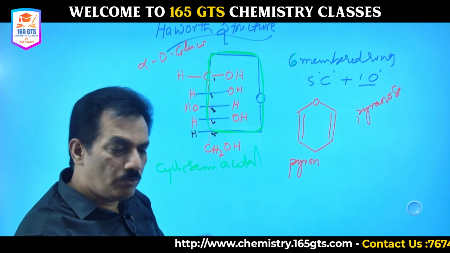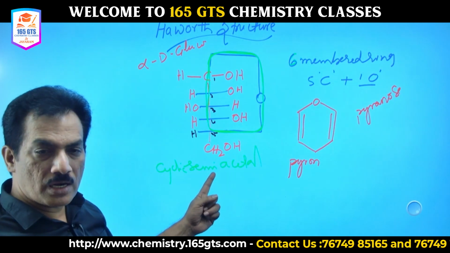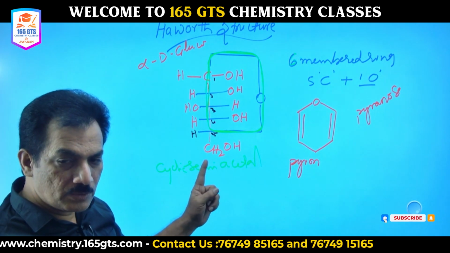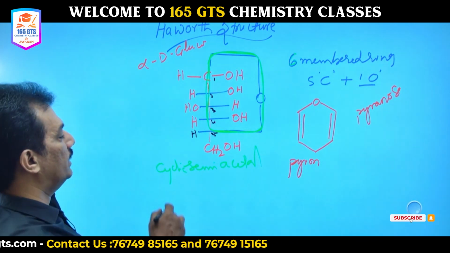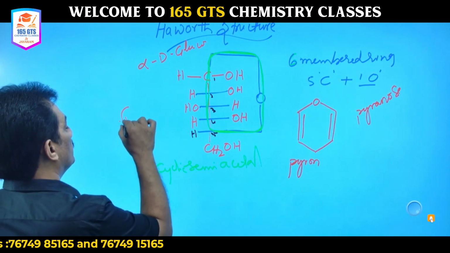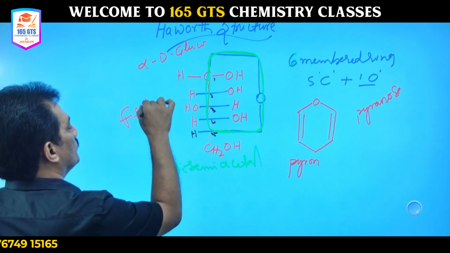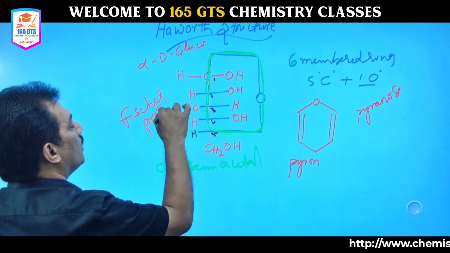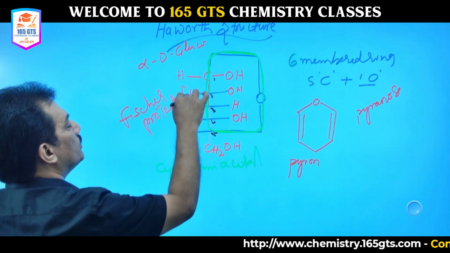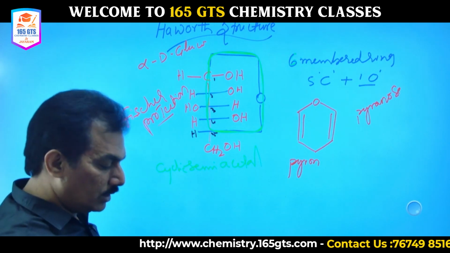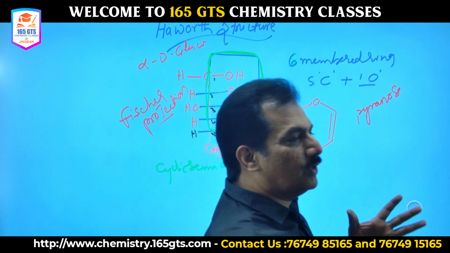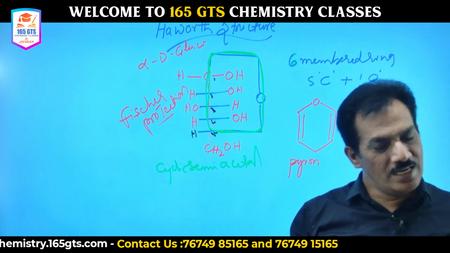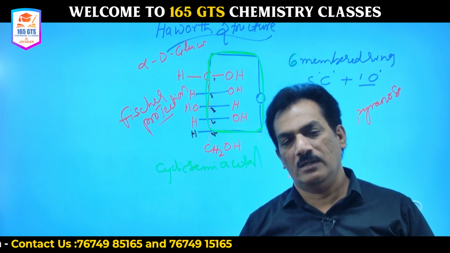Even though it is cyclic form, when it is a straight chain we write it in this way. Can you recall what this projection is? Yes, it is the Fischer projection. About this Fischer projection, we already discussed in optical isomerism. Once a term is introduced to you in any class, you have to remember it forever.